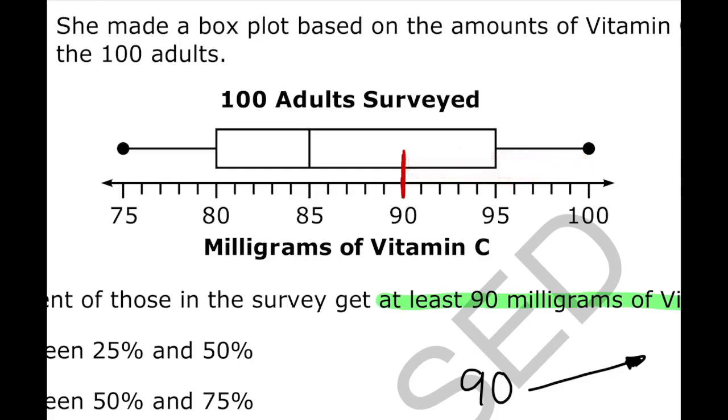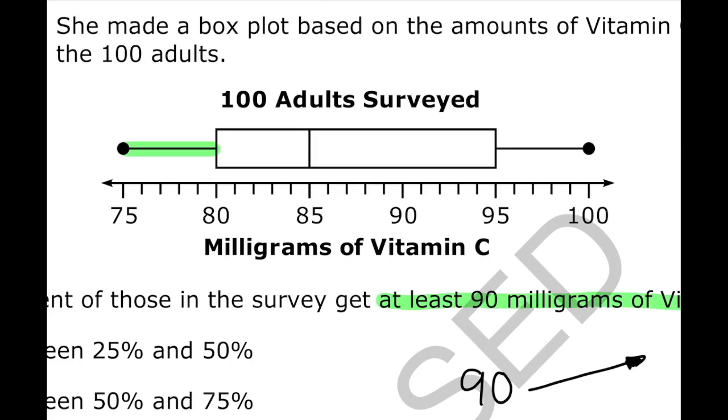Now, before we try to figure that out, let's remind ourselves of what the box plot actually shows us. Every box and whisker plot shows us data chopped into 4 different sections. These sections are referred to as quartiles. When you look at the first quartile, that exists from 75 to this threshold right here at 80.